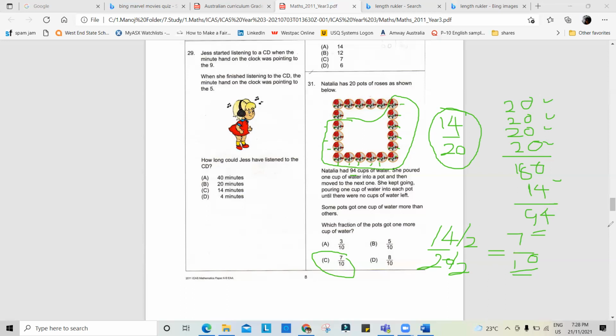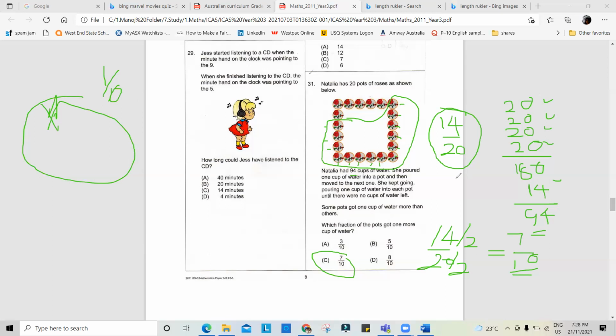There are how many pots we have altogether? 20. Then it's a fraction. What do you do? Same like we did pizza. We ate small piece out of 10. We call 1/10. Likewise, we write the fraction 14/20, right?